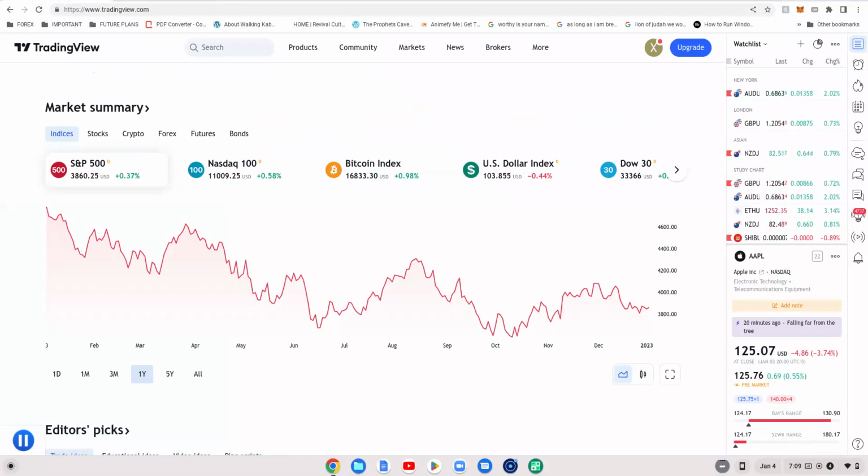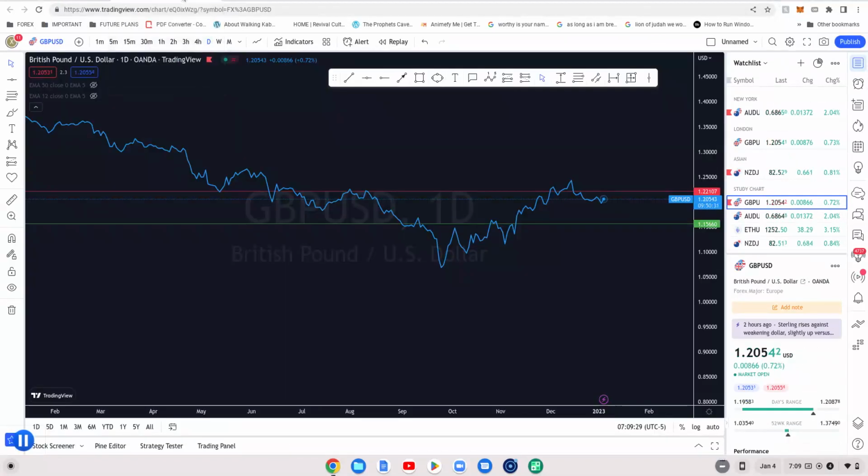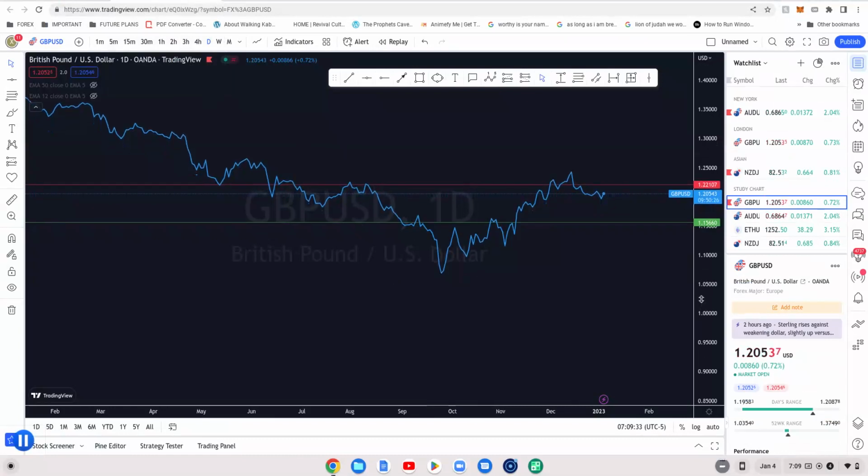So this is TradingView. This is the main way that I and many other traders go and look at the charts, mark them up, see what our pair is doing, and then we take our trades off of that. So my pair in particular, one of my favorites, is the British pound and the US dollar currency pair.